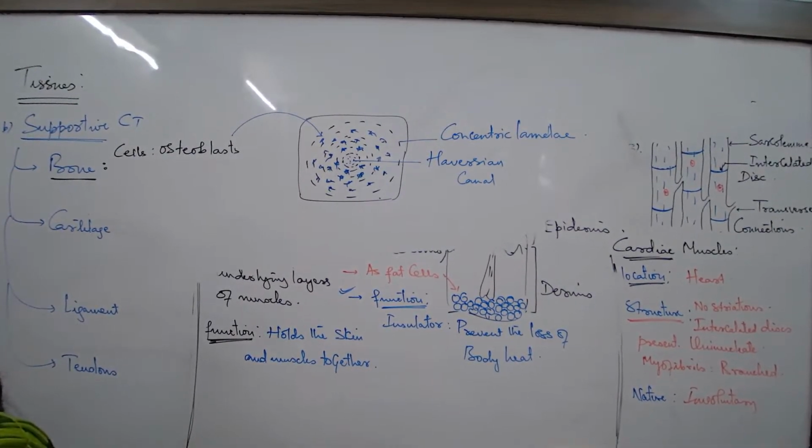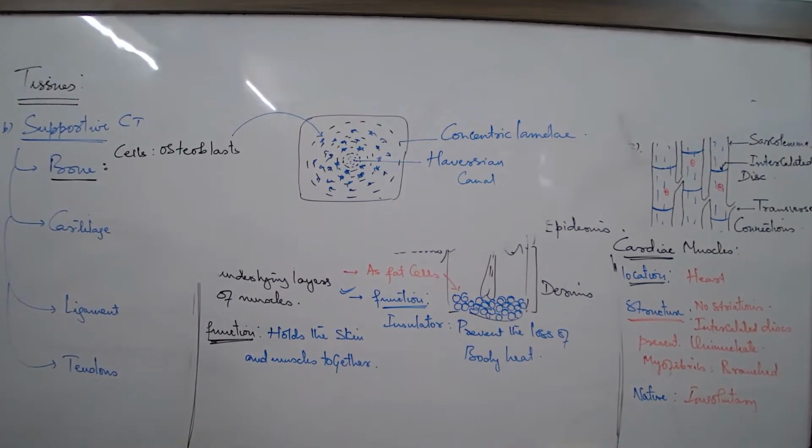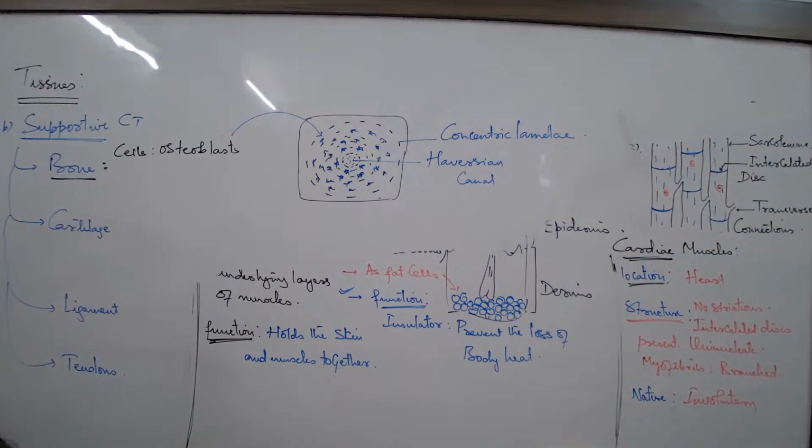Because on the surface of the bone, there are a large number of blood vessels. On the surface of the bone, there are no muscles, but blood vessels are there. Epithelial tissues are there. Does it pain? Yes, the slightest fracture also gives us a whole lot of pain.